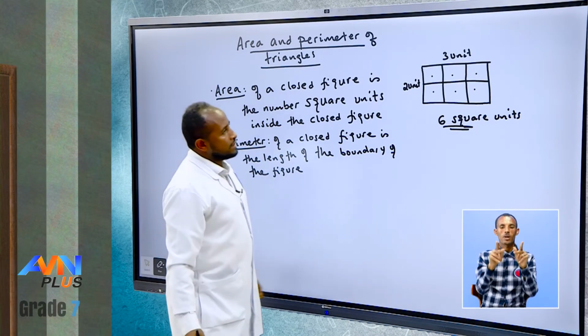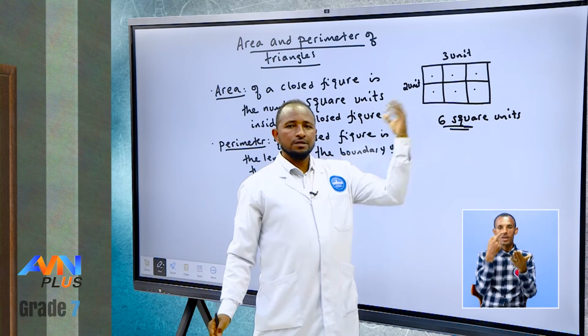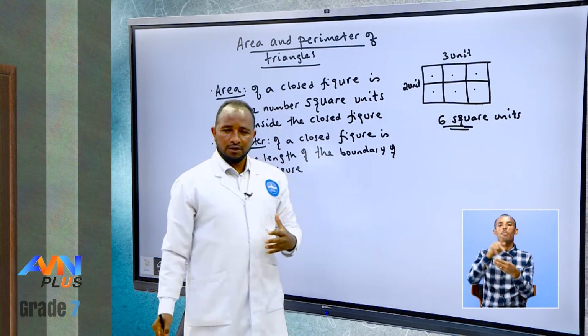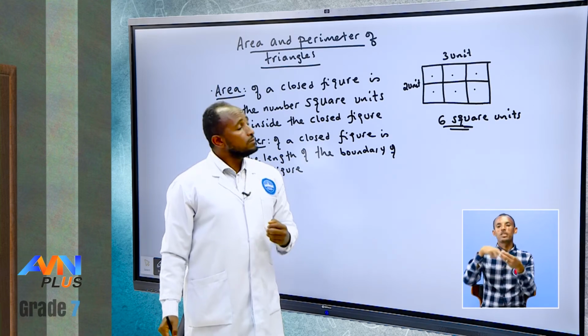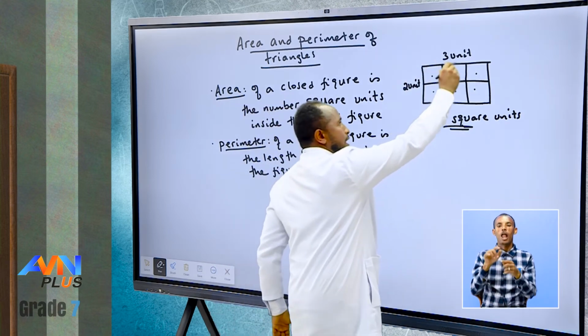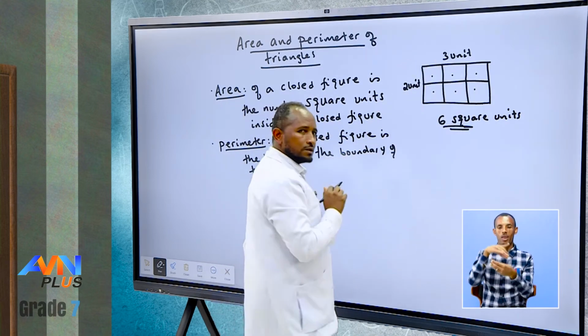Okay, now let's come to here. This region is given. So what is the perimeter of this region? Simply, perimeter is the length of the boundary of this region.